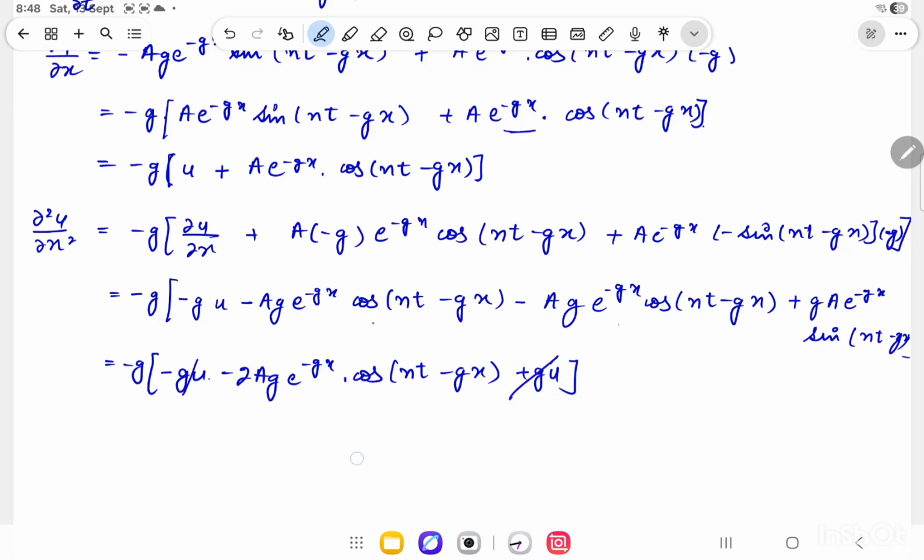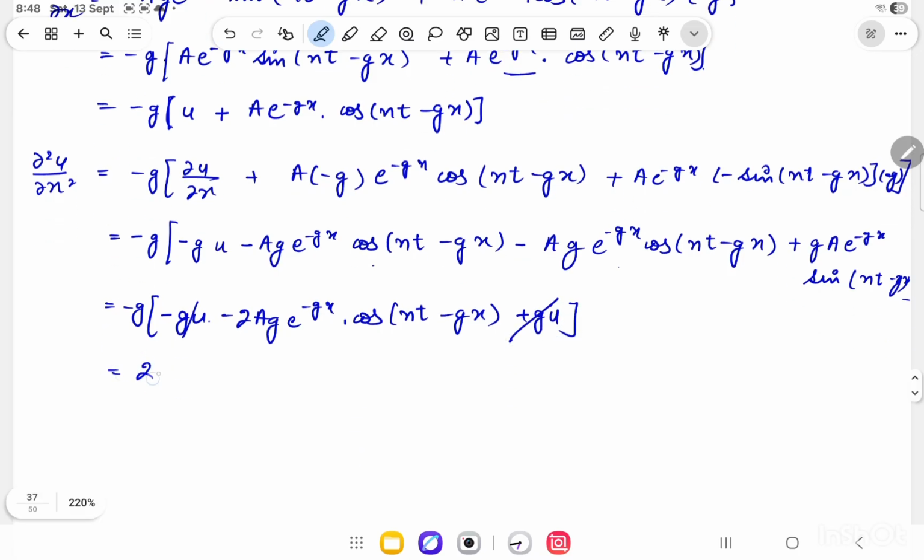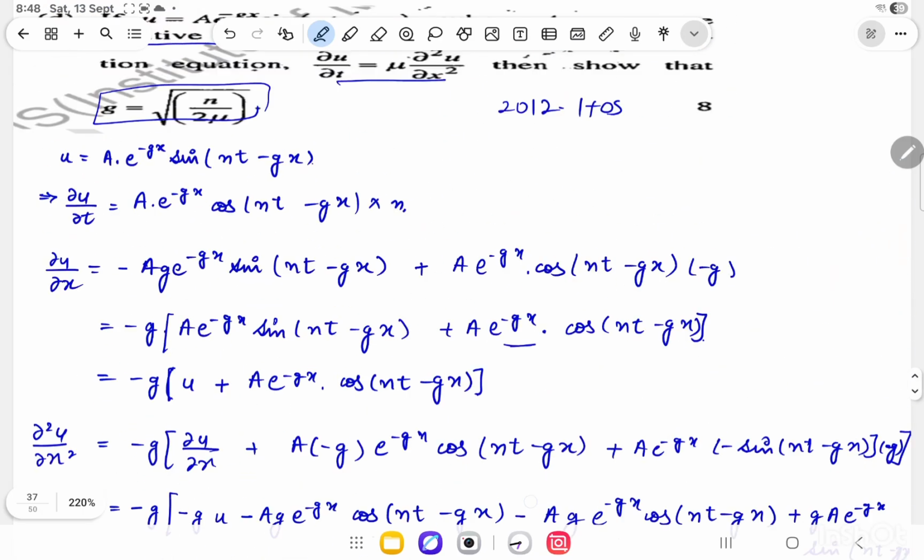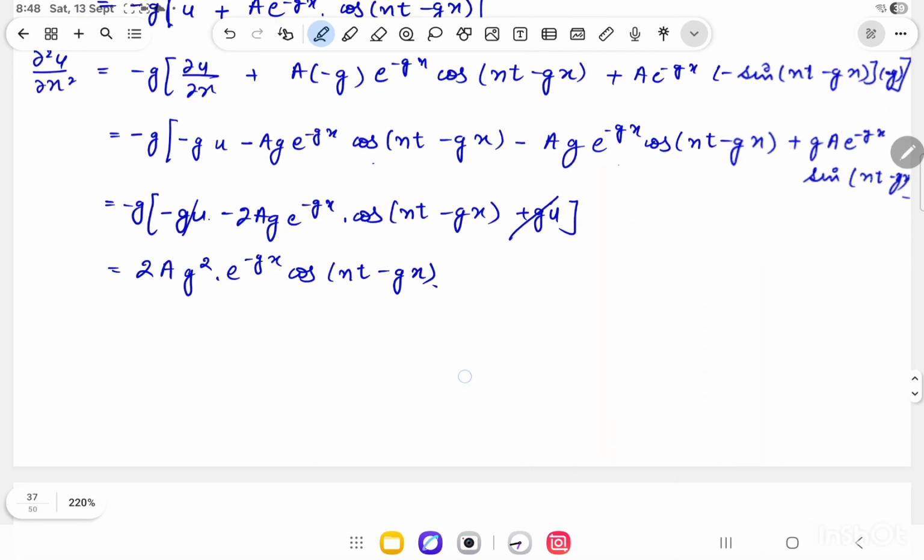So this balances this, so we are left with 2a g square into e raised minus gx into cos nt minus gx, and by heat equation we have del u by del t equals to mu into del square u by del x square.